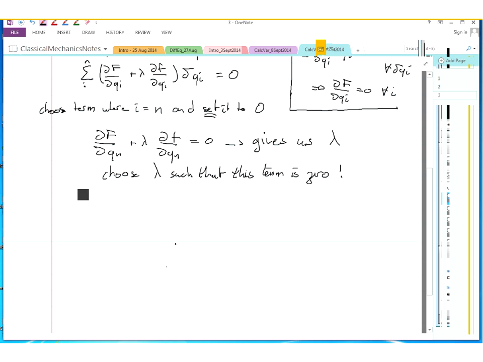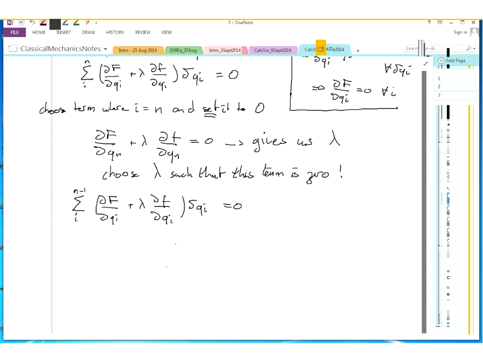So that means now that the sum from i to n minus 1 of di F by di Qi plus lambda di little f by di Qi, times delta Qi, equals 0.